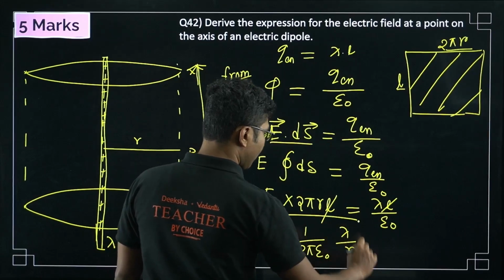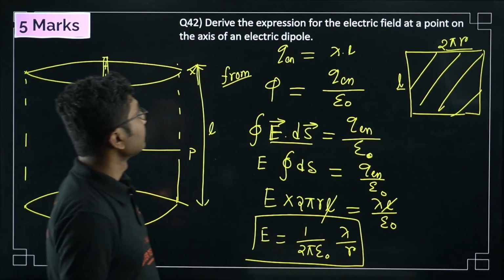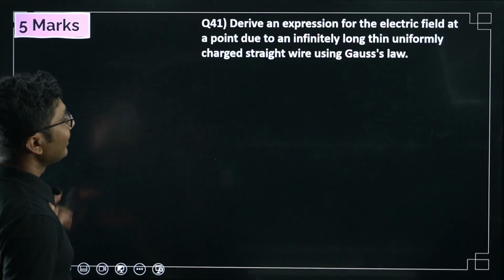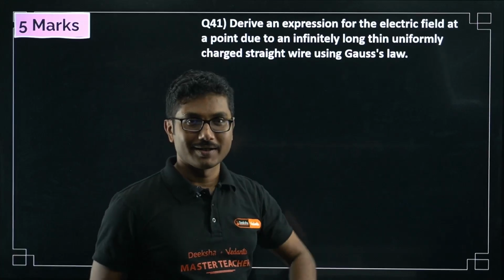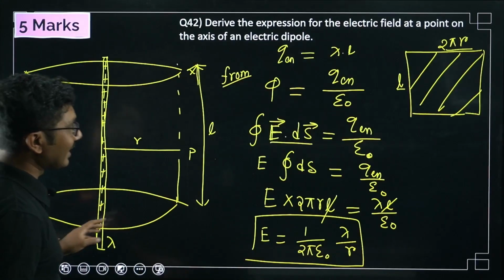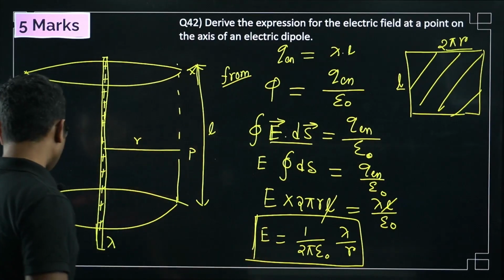This is the expression for... sorry, I did this derivation in the next part. Okay, I will change the question. Unfortunately the page forwarded, I didn't see that. Anyway, so this is the derivation for question number 41.